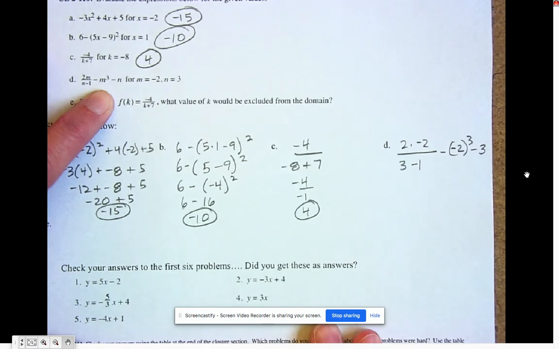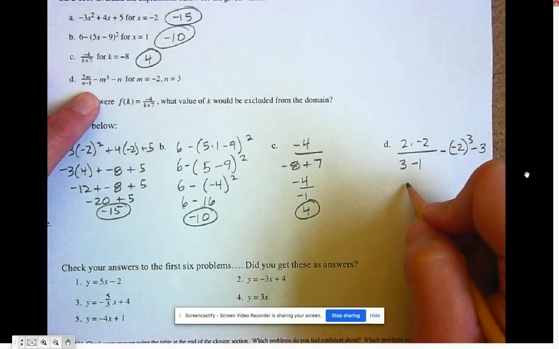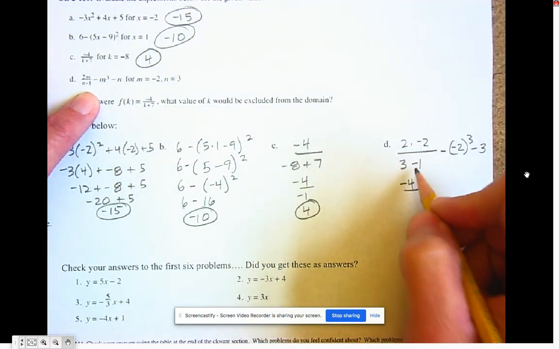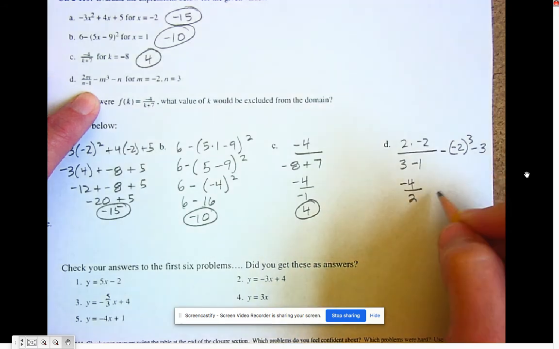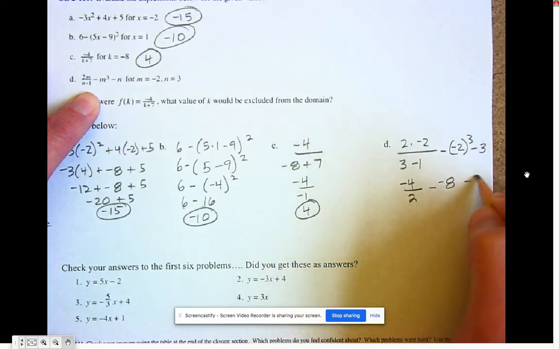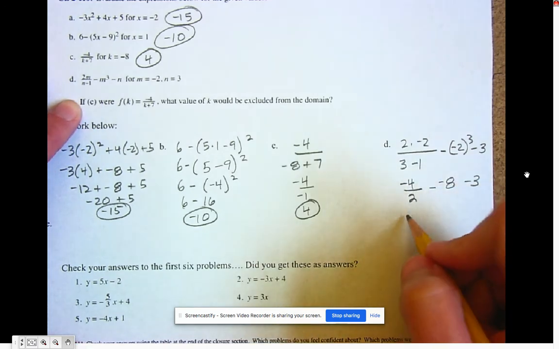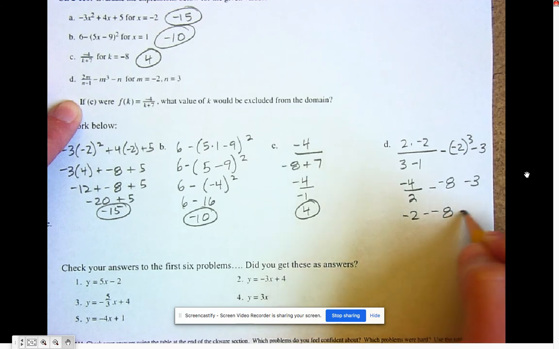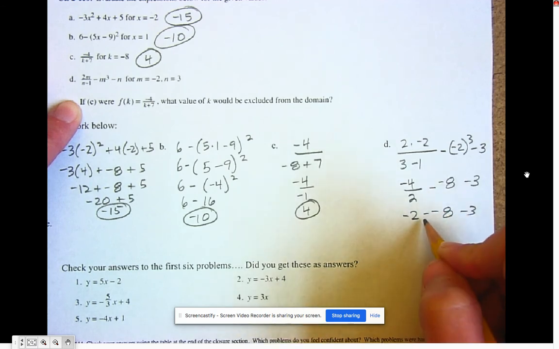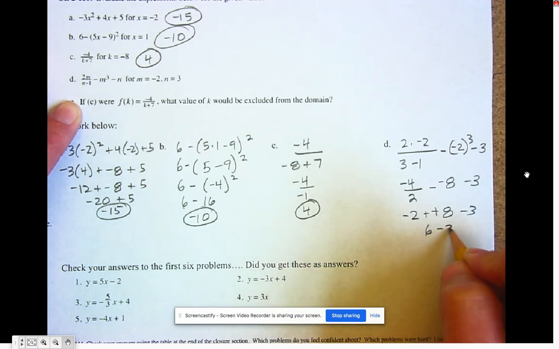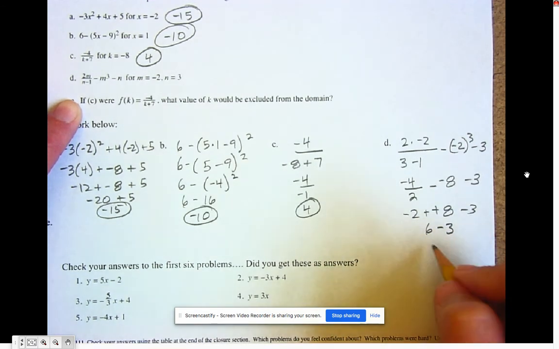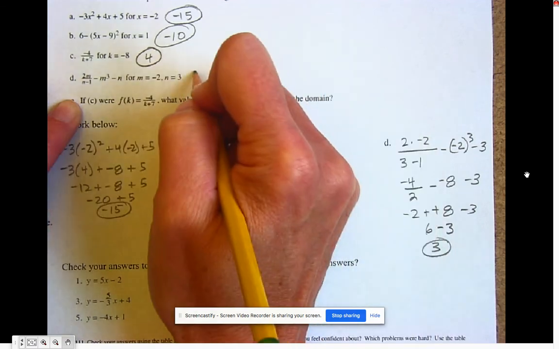So 2 times negative 2 is negative 4 over 2. Negative 2 cubed is negative 8, so minus negative 8 minus 3. Negative 4 divided by 2 is negative 2, minus negative 8, minus 3. So that's like negative 2 plus positive 8, so that's going to be 6 minus 3. And then that should be 3. So this one should have been a 3.